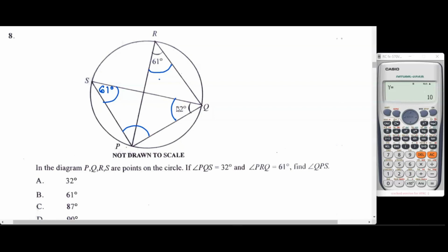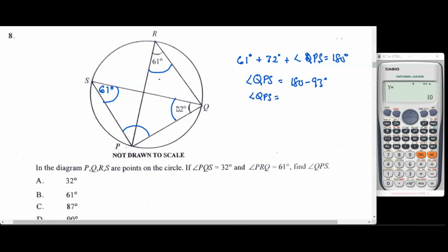So that is going to give us 61 degrees plus 32 degrees plus angle QPS, and that should be equal to 180 degrees, because that's the sum of the interior angles of a given triangle. So angle QPS will be equal to 180 minus 61 and 32, which will give you 93. So minus 93 degrees.